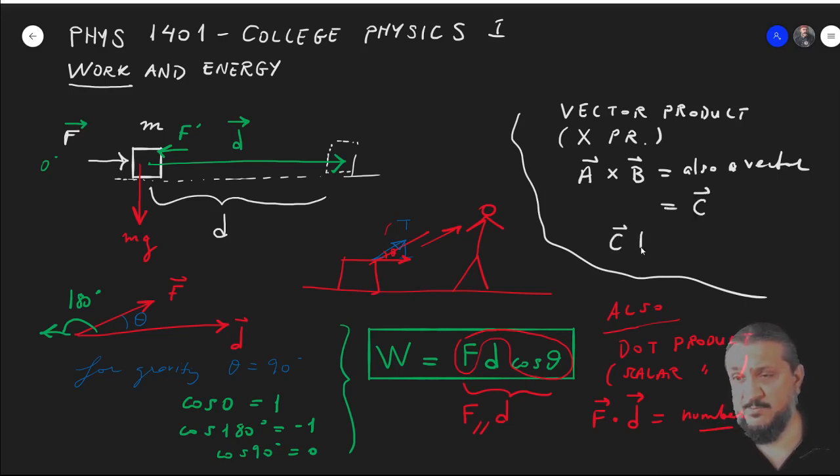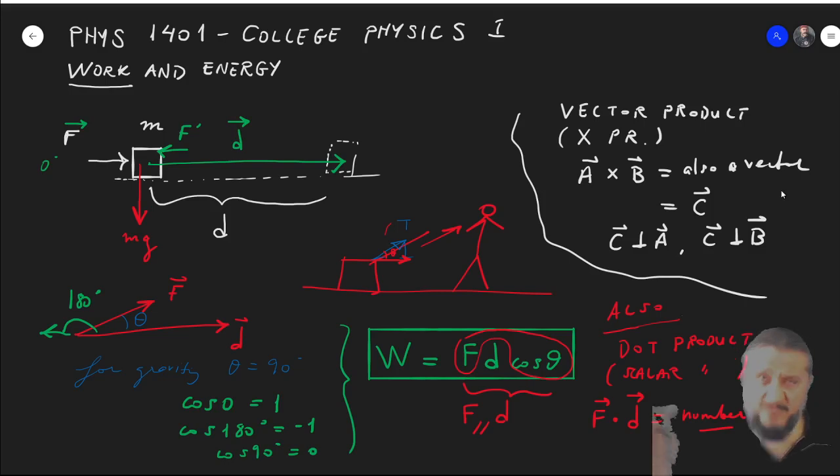C will be perpendicular to A, and C will also be perpendicular to B. Okay, more on this vector product later in this course, but just keep in mind there are two ways of multiplying two vectors. One of them gives you a scalar. Scalar means just a number without direction. Another way of multiplying them, which is called the cross product or a vector product, gives you a vector.